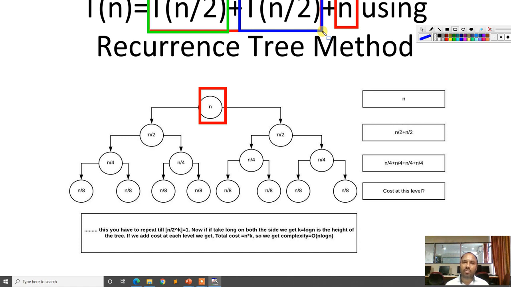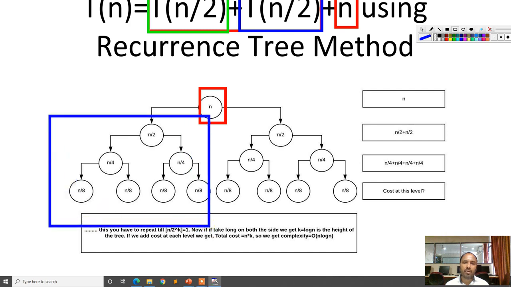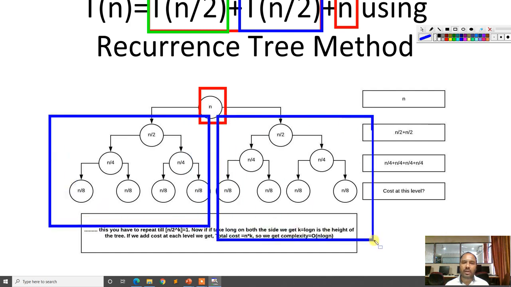You have to generate this left subtree and also a right subtree. And every time, for the left child n is to be replaced with n/2, and for the right child n is to be replaced with n/2.